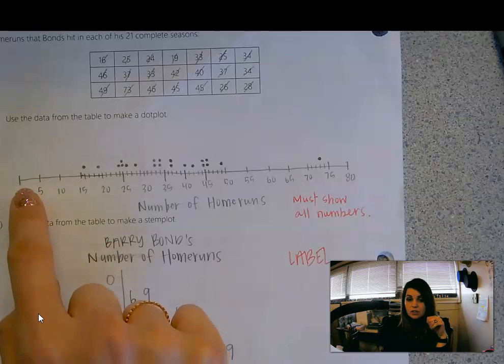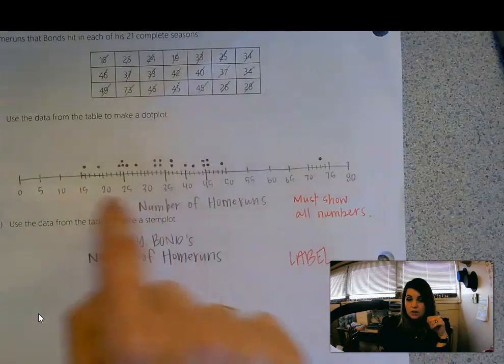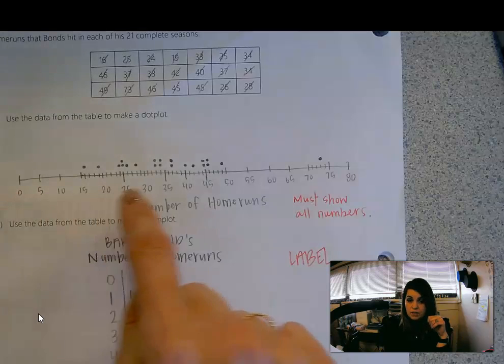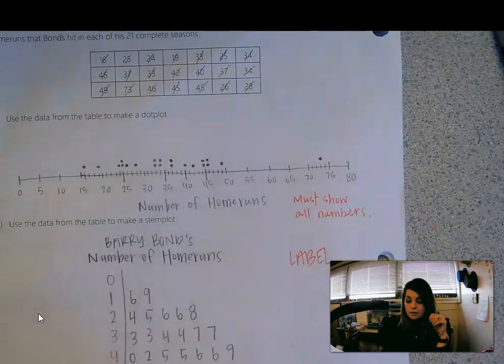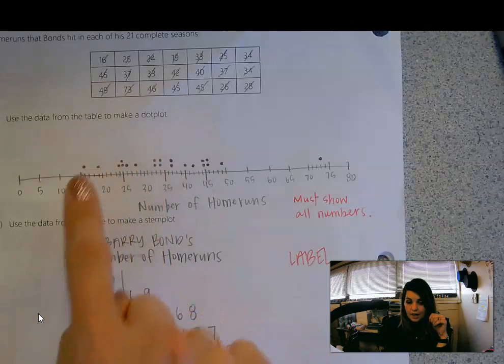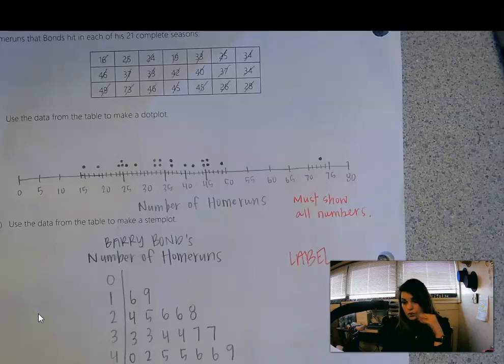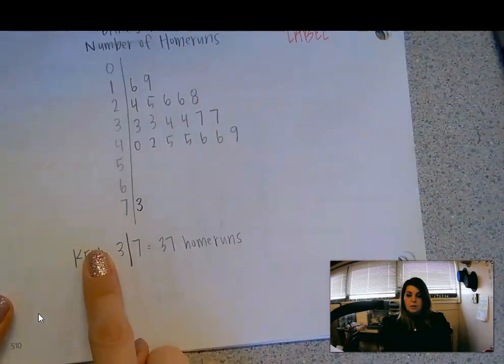At the very least, do your tick marks, 0, 10, 20, 30. But you cannot just label 16, 25, 24. That's no good. So, must show all the numbers. Make sure you label your stem plot. Include a key with context.